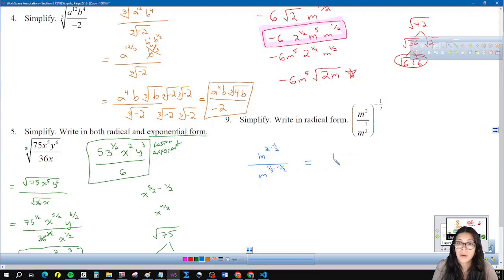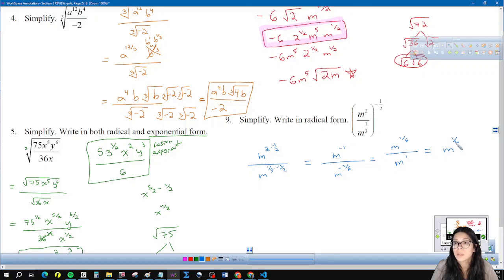So in the numerator, 2 times -1/2 will be -1, and in the denominator, 1/3 times -1/2 would be -1/6. Now, since I have negative powers, obviously I need to change the side of the fractions that they're on, would be a good idea here. So I can put m to the power 1/6 on the numerator and m to the power of 1 in the denominator. And then I can use the quotient rule to subtract.